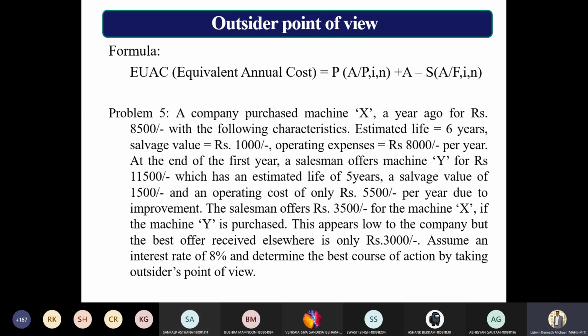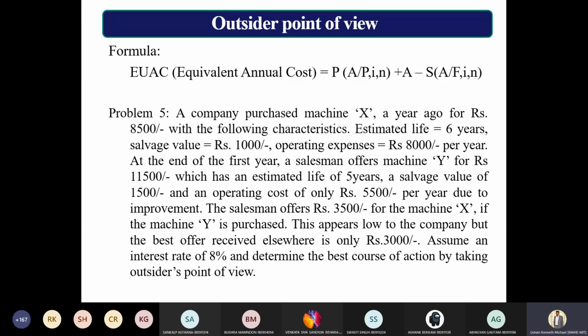Now the operating expenses for the machine came up to 8,000 per year. Now at the end of the first year, a salesman offers machine Y for rupees 11,500. So at the end of 1 year, a salesman offers a new machine which has got a better efficiency for 11,500.